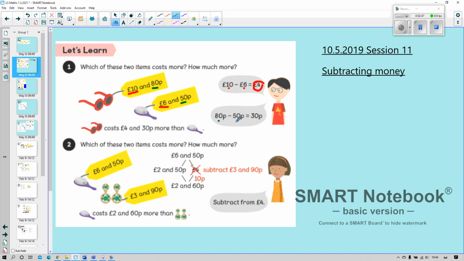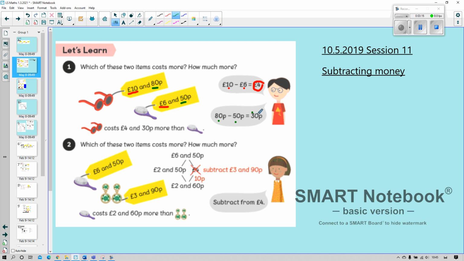80, take away 50, or if you like, 8, take away 5, leaves us with 3, add the 10 back on because you're doing groups of 10. So you could do 8 take away 5 is 3, or you could do 80 take away 50 is 30, but don't forget if you are doing 8 take away 5 that you remember you are doing 80 and 50, so it's 30.